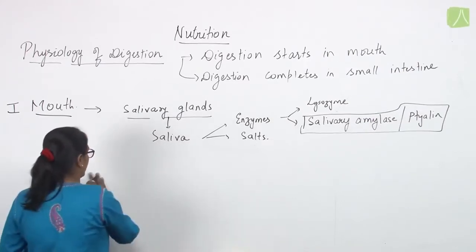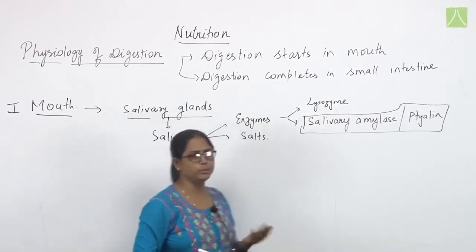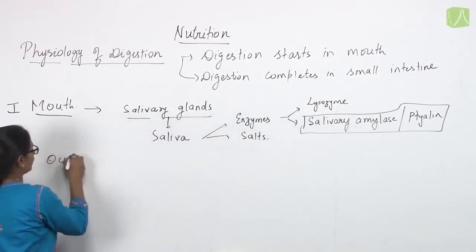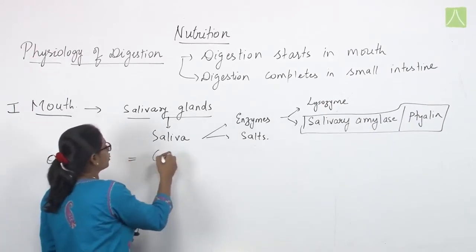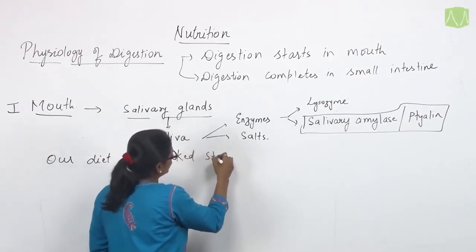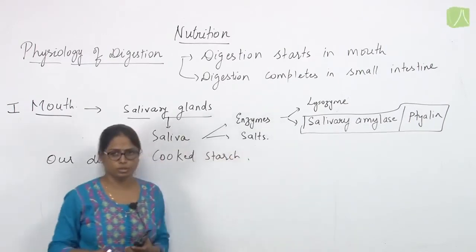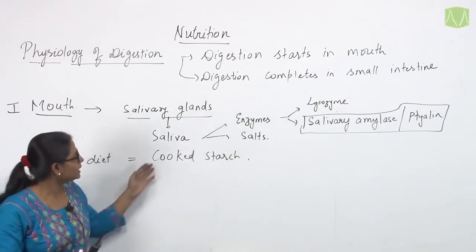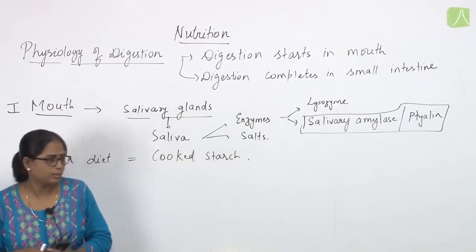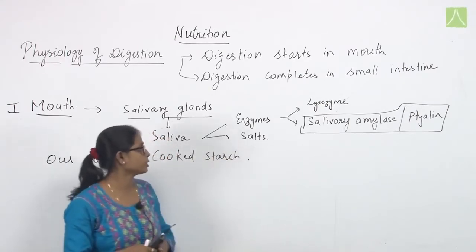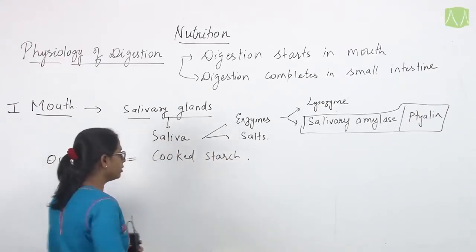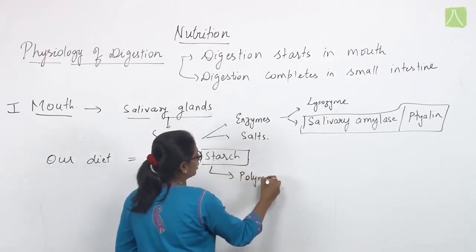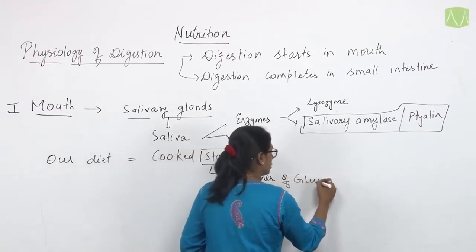As we all know, we human beings generally depend on cooked starch. We do not eat raw starch or cellulose food. So we eat cooked starch, and the digestion of starch starts in the mouth itself. Starch is a polymer of glucose.